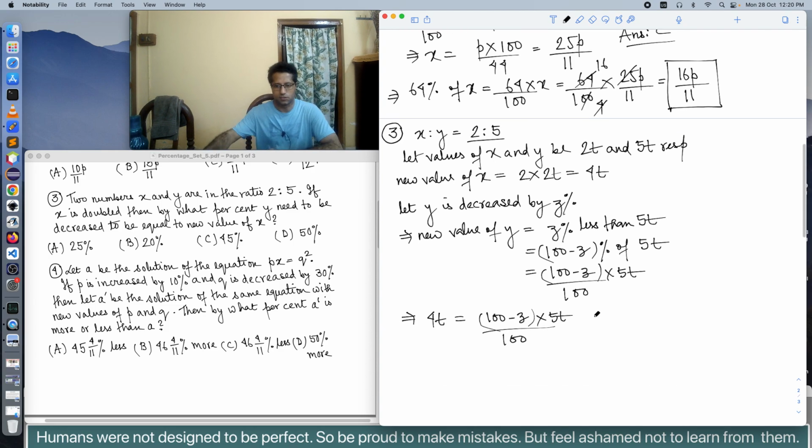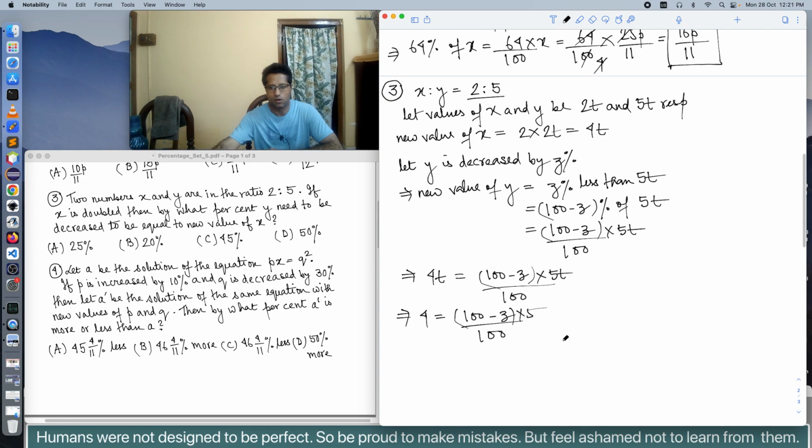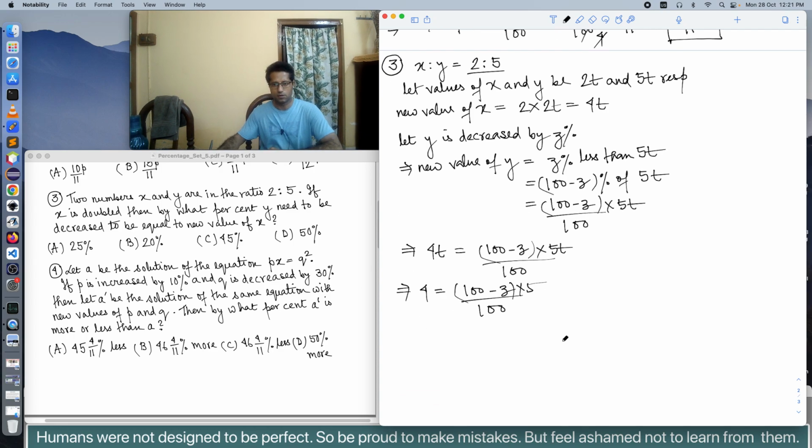We have got an equation in z and also t, but we can easily cancel out t from both sides and we get 4 equals 100 minus z divided by 100 multiplied by 5. So now we have a linear equation in z and we have to solve for z. It is asked by what percent Y needs to be decreased to be equal to the new value of X, and that percent we have assumed to be z.